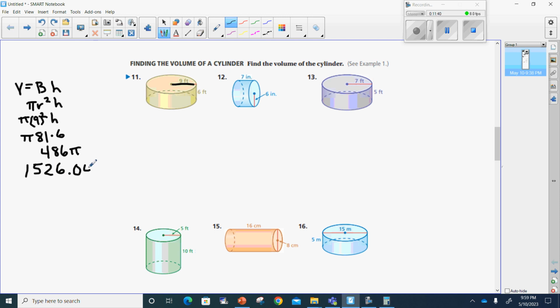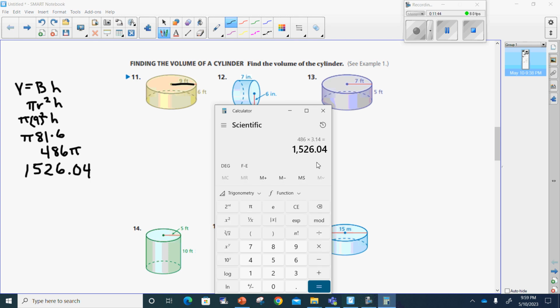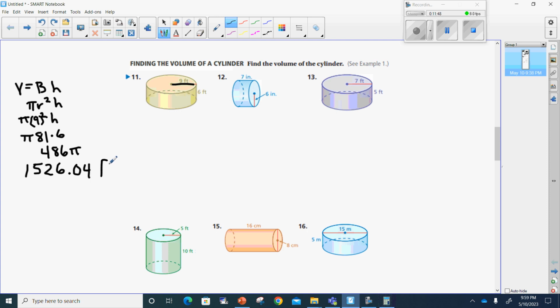Let's see if I got all that correct. 1,526.04. Good. This is feet, so this would be feet cubed. All right, three-dimensional. Remember, this is an approximation. It's just going to be close because whether I use 3.14 or I use 22/7, it's going to go ahead and vary my answer just a little bit.